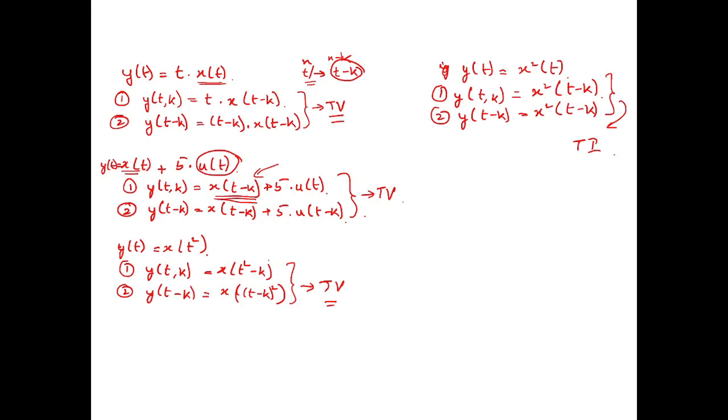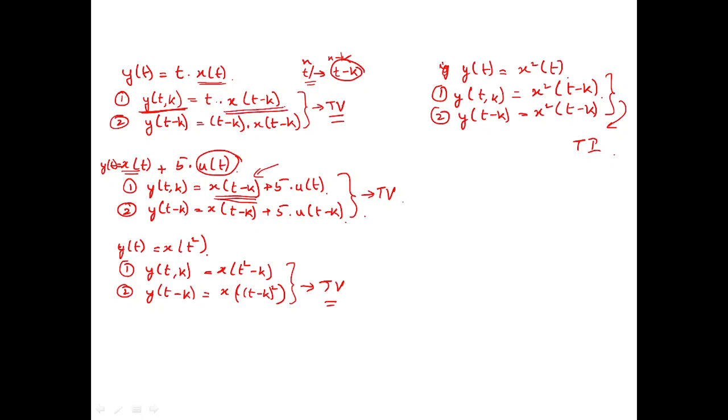So let us take an example that will give you some understanding of how to calculate this. y(t) equals t times x(t). First the signal is delayed, and the output is given by y(t, k), which equals t multiplied by x(t minus k).